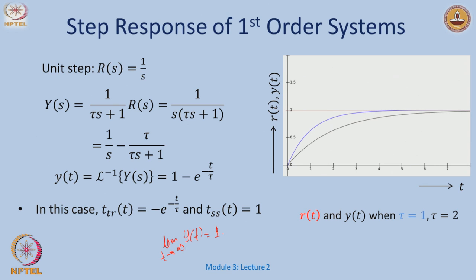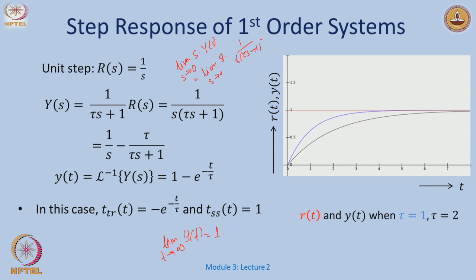I could also compute it directly from here, just to see how the steady state looks. I can just use the final value theorem, which goes limit s tending to 0, s times y of s, which is limit s going to 0, s times 1 over s, tau s plus 1.